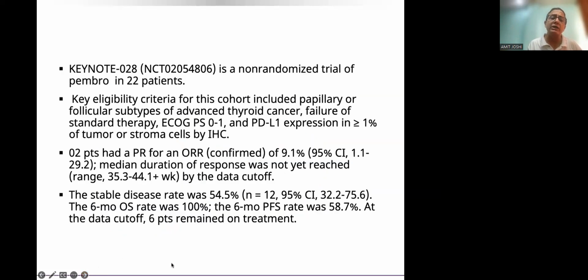Now the same phenomenon comes into play in various thyroid cancers. The majority of the trials done in immunotherapy used pembrolizumab, the KEYNOTE trial.